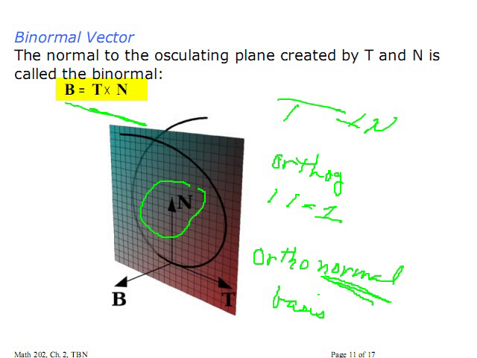And normal also means that its magnitude is 1. So if you have an expression and you normalize it, it means you divide by the magnitude so that you have an expression that has a magnitude of 1. So that's a lot of different uses for the word normal. But this is called an orthonormal basis, because the 3 vectors are orthogonal, and normal because they're each unit vectors.